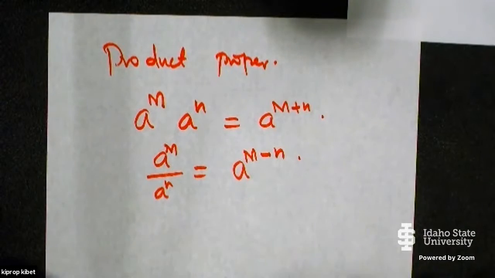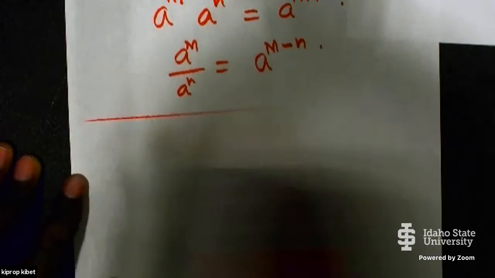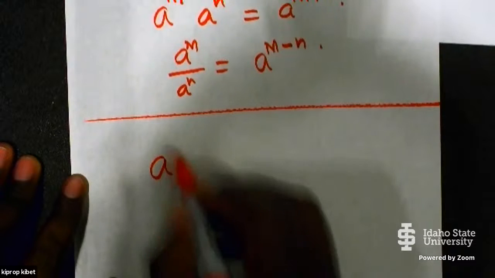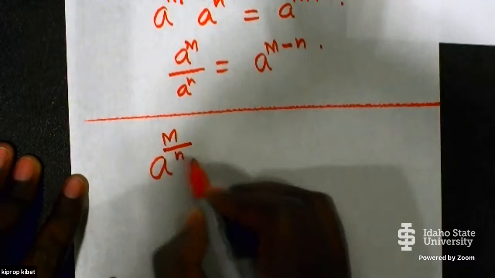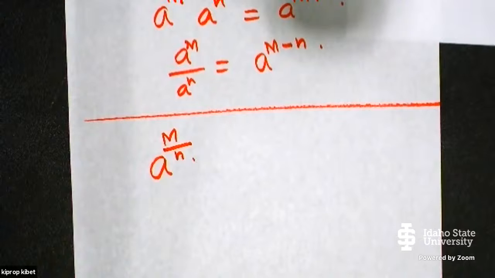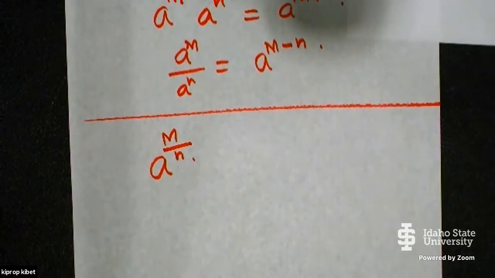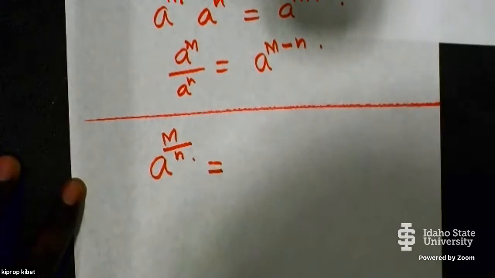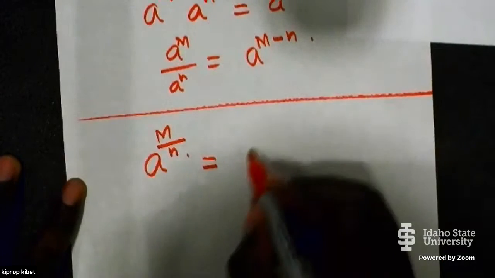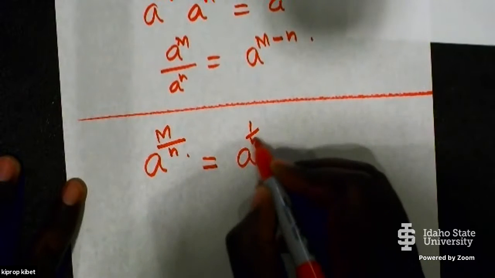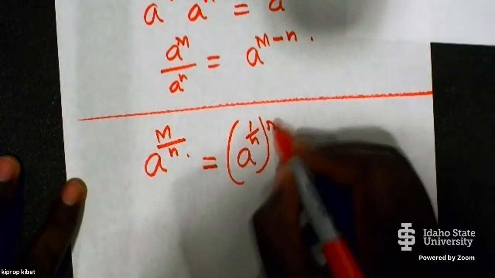So again, if we are given A raised to M all over N, then this is equal to A raised to 1 over N, raised to what?